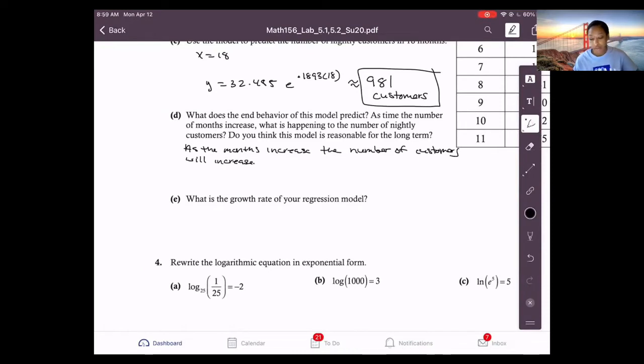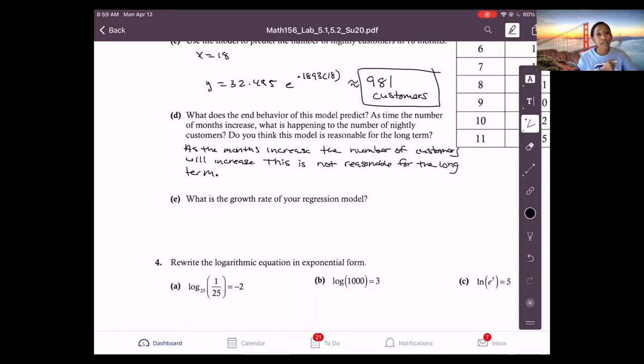And do you think this is a reasonable model for the long term? This is not reasonable for the long term. And again, why is it not reasonable? Well, because eventually there's going to be some bound on the number of customers that the restaurant can serve each night. So it can't just increase forever.